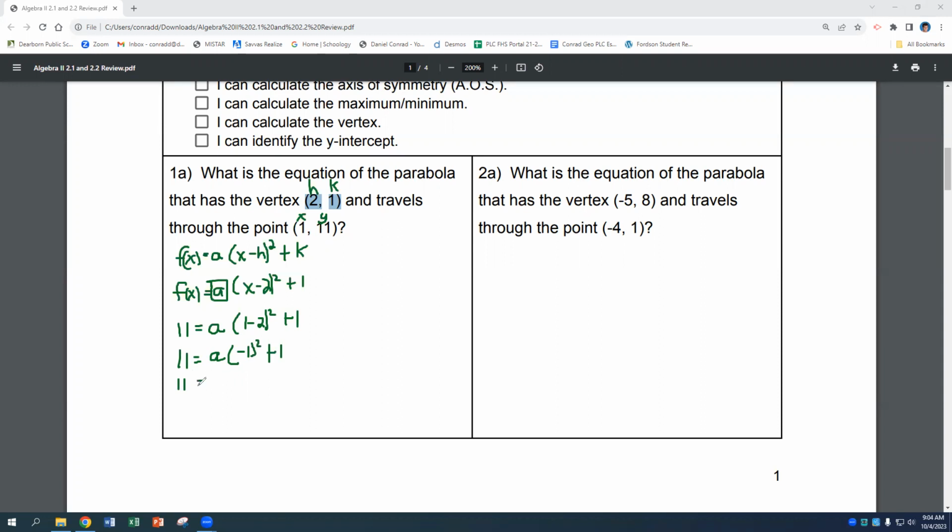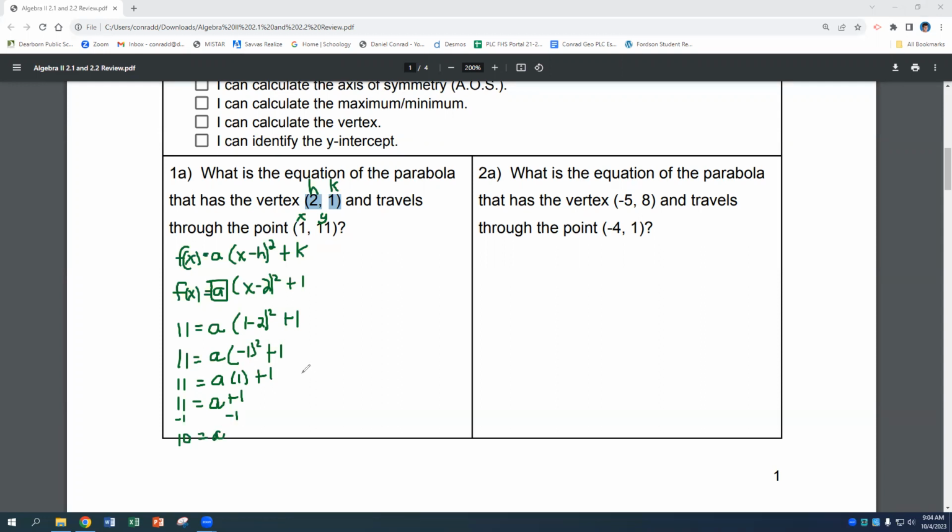So that's 11 equals a times 1 plus 1, and a times 1 is just a, so a plus 1. To solve for a, I subtract 1 from both sides, and I get 10 equals a.